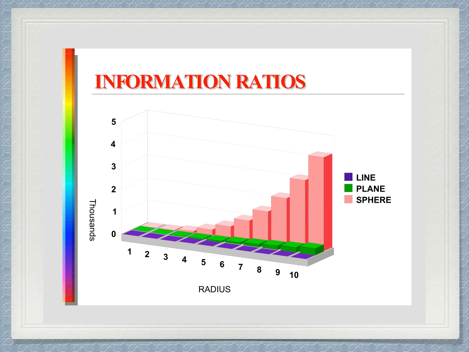In a plane, we're going to use a square function, and in the sphere, the parallel processing, we use the cube function, and we see how much more information we can take in per unit time by being a parallel processor as opposed to the other two types of processing.